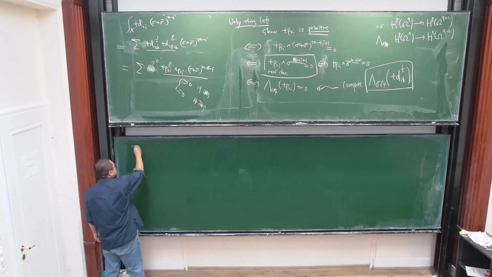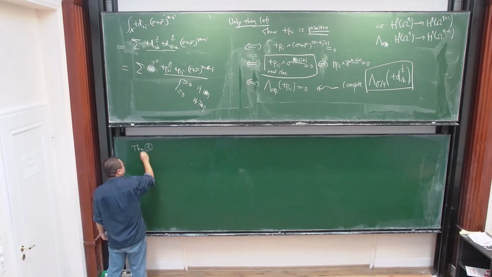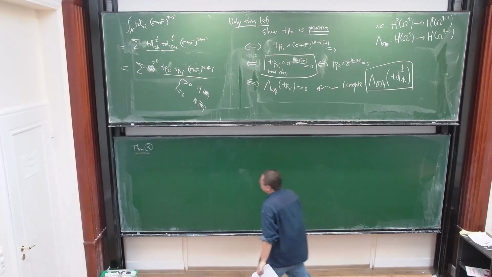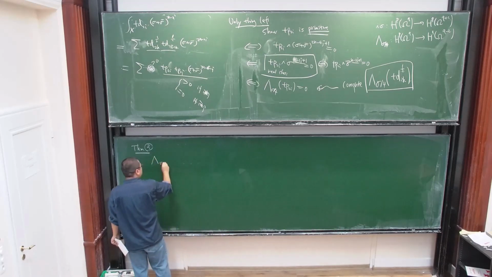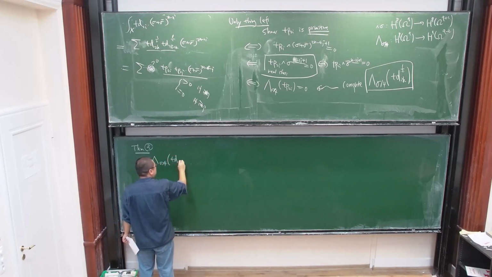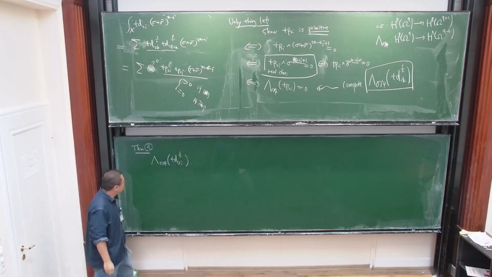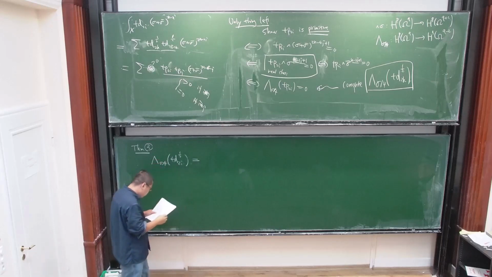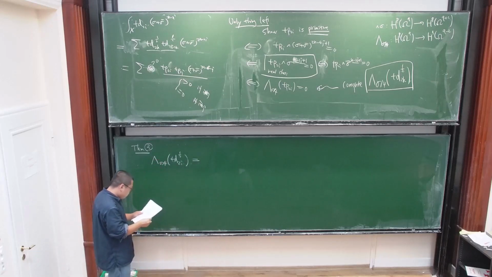It's Theorem 3. So what is this? This sigma over 4 acting on the Todd 2I root becomes exactly, and here there should be some coefficient, let me write down the coefficient here.